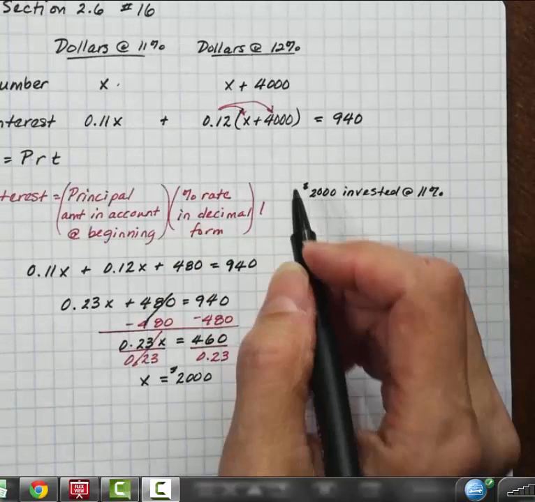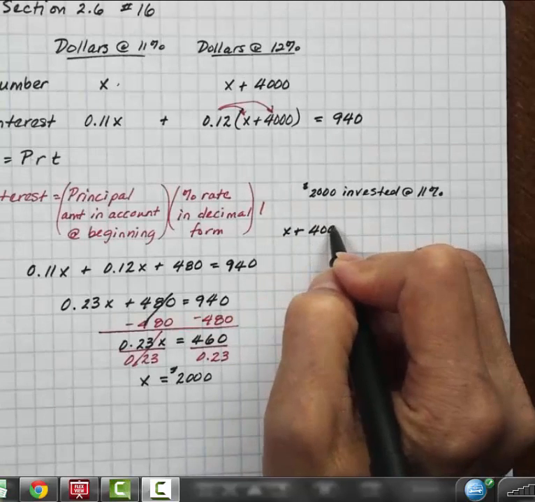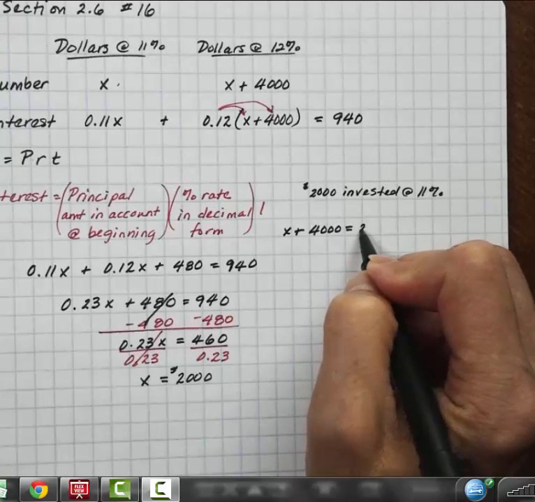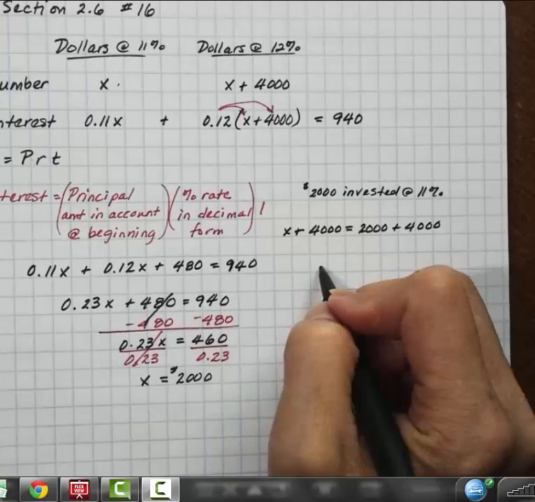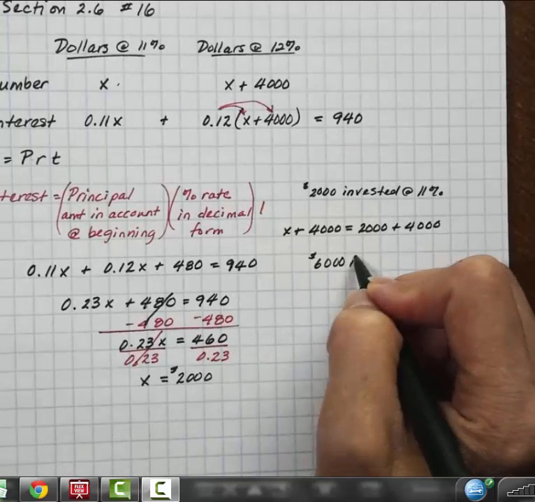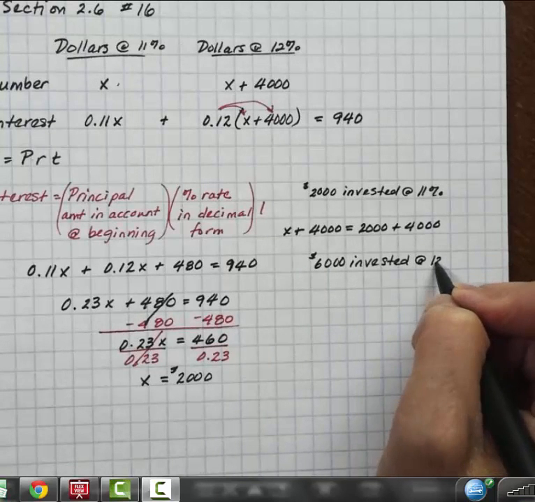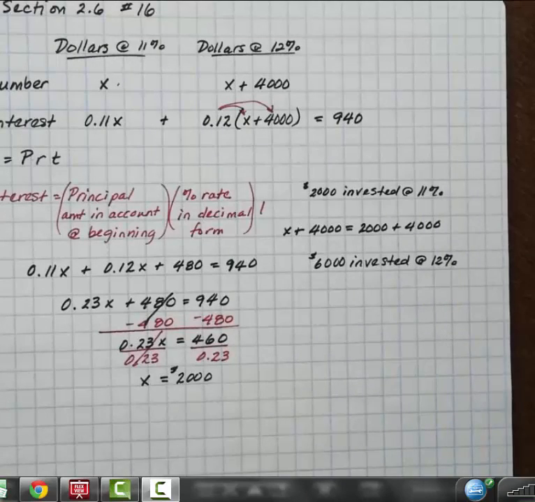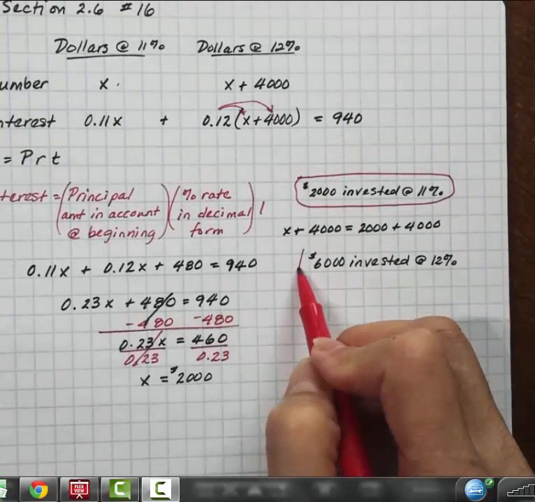So x plus 4,000 equals 2,000 plus 4,000, which gives me $6,000 invested at 12%. So these are the answers to the question. It was asking how much was invested at each.